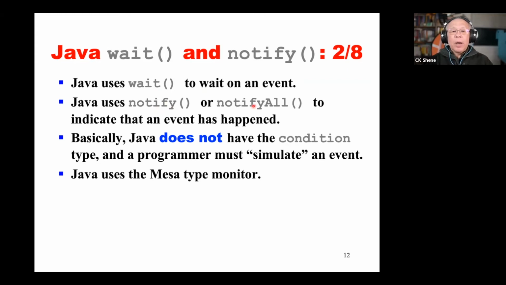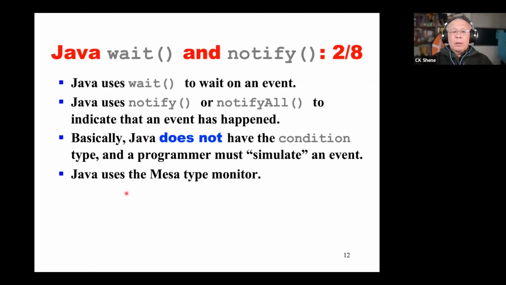So either way, the caller of notify or notifyAll simply indicates to one or all waiting threads on that event that the event you are waiting for has happened. So basically, Java does not have the condition variable type, and the programmer must simulate an event.